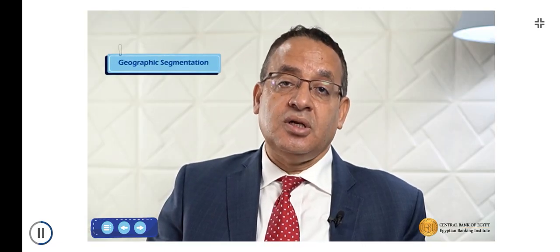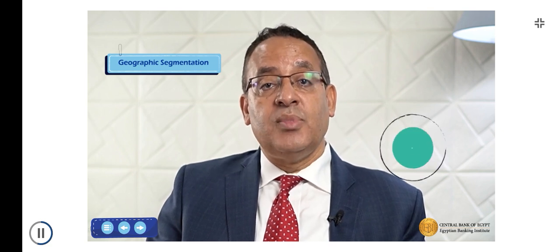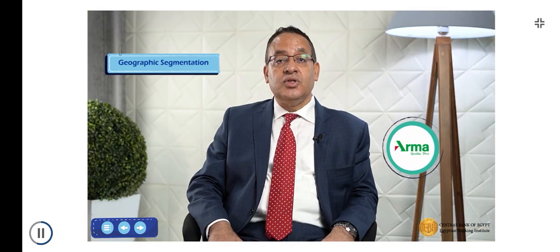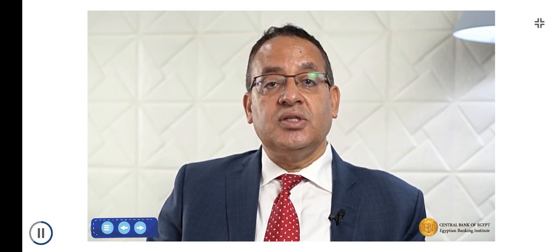The third pillar for segmentation is geographic segmentation. Let's take a very famous example of Arma Group. When they introduced a lot of products like El Hanem, they were targeting Cairo and Alex because the product is expensive. Then they had to introduce two different low-priced products, so they started to conduct market research.